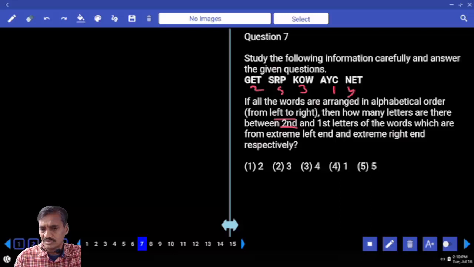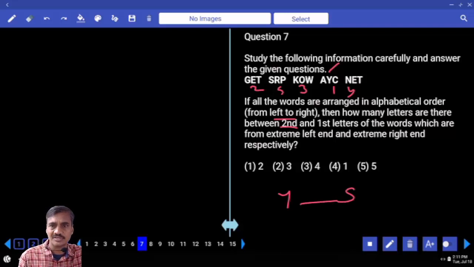Extreme left, what is that one here? A. In this one, the second letter is what? Y. And extreme right means the highest word, S. Between S and Y, tell me how many letters are there? 19 and 25, 6 minus 1, 5, that is choice 5.